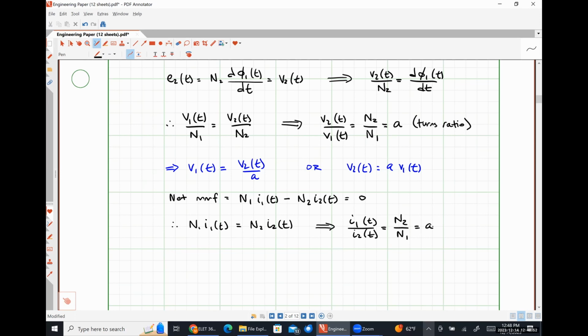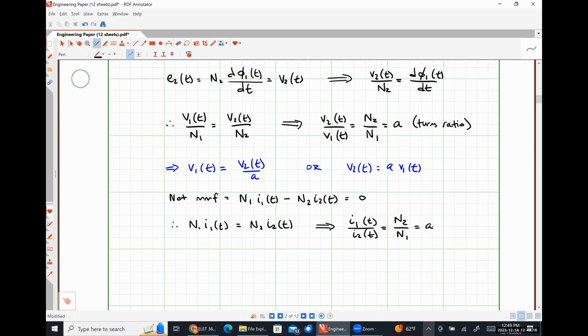I want you to notice things here, though, very explicitly. When we did this for our voltage to define our turns ratio, the secondary voltage was in the numerator and the primary voltage was in the denominator. Here with the currents, our primary current is in the numerator and our secondary current is in the denominator. So these are switched.